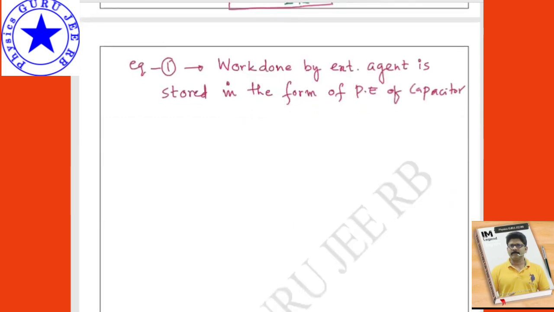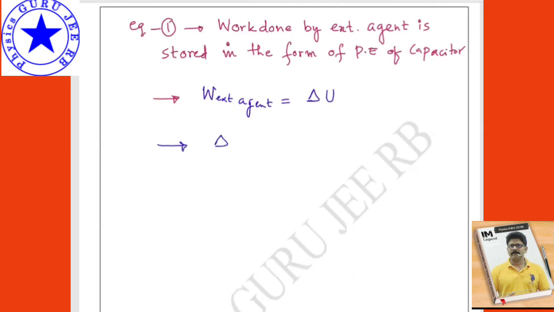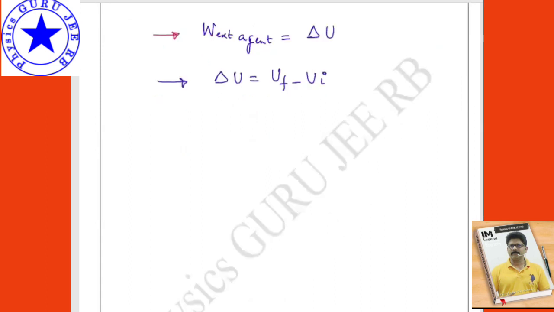Now we already know the definition of work done by the external agents. So work done by external agent is equal to delta U, and delta U is equal to final minus initial. Am I right? Final minus initial. So delta U is equal to U minus the initial value at infinity.